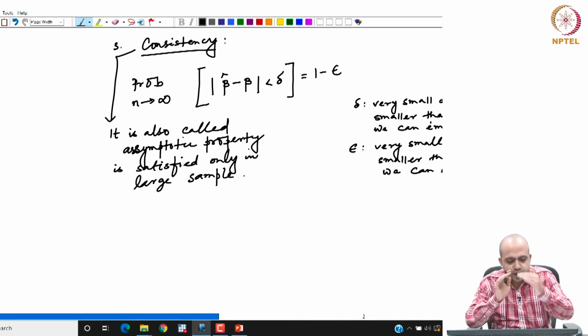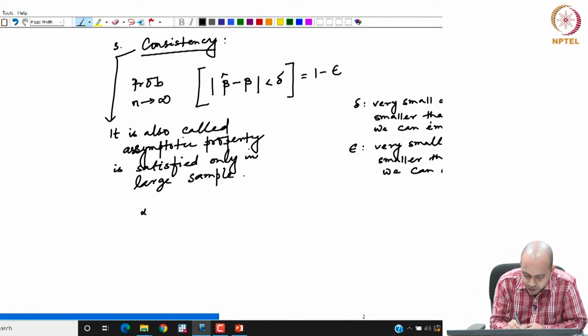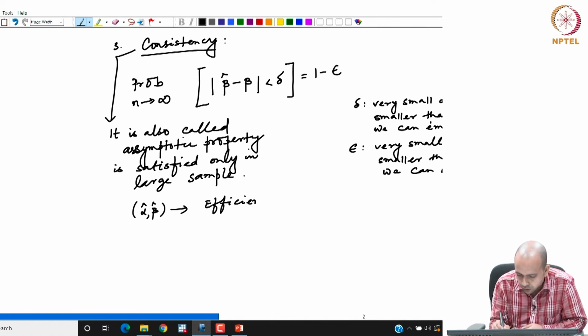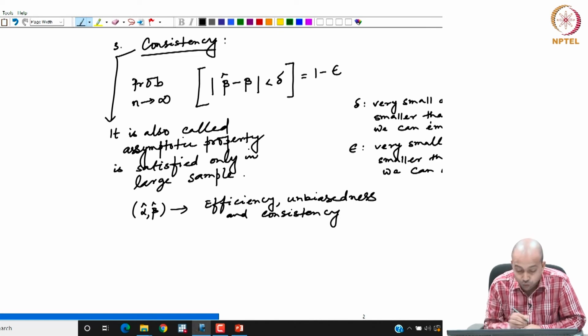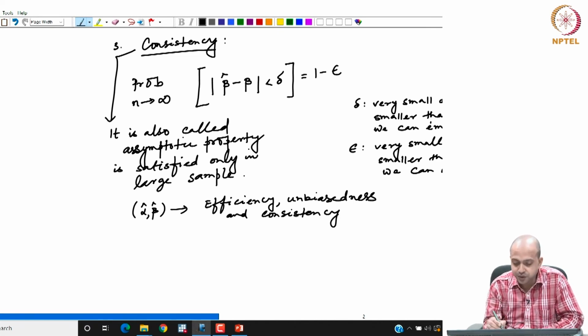So that means our alpha hat and beta hat should satisfy efficiency, unbiasedness, and consistency. And when will our alpha hat and beta hat satisfy these three properties?